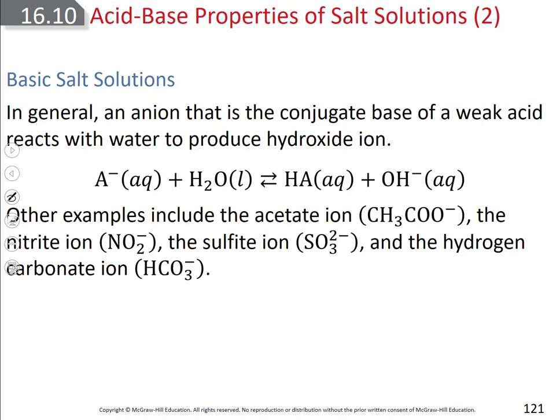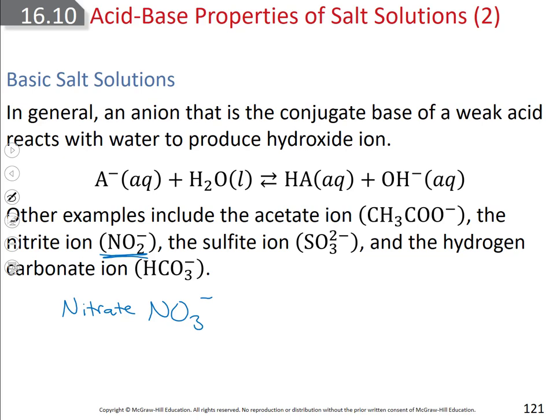So other examples here, the acetate ion, the nitrite ion, the sulfite ion, and the hydrogen carbonate ion. Let's look at nitrite real quick. Nitrate is NO3 minus. That is not going to make a basic solution. Why not?